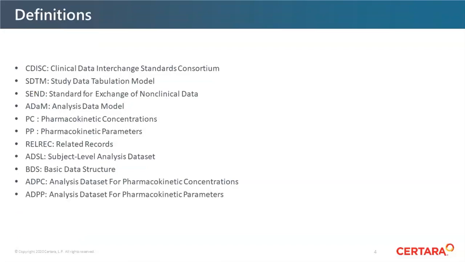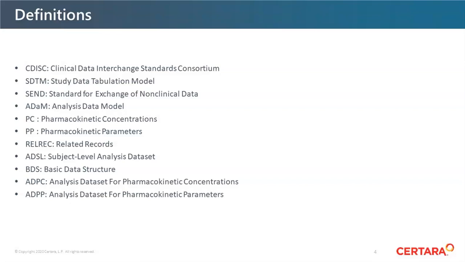RELREC for Related Records. ADSL for the Subject Level Analysis Dataset. BDS for Basic Data Structure. ADPC for Analysis Dataset for Pharmacokinetic Concentrations, and ADPP for Analysis Dataset for Pharmacokinetic Parameters.